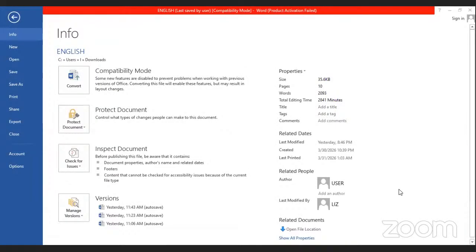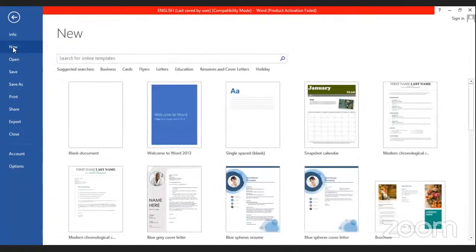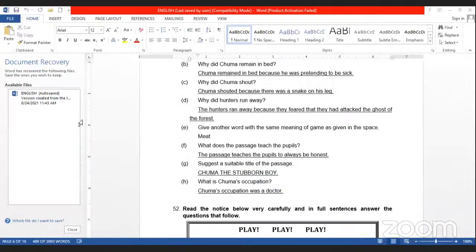Okay. Come here where there is new. Yes, there. Click here where there is blank document. It's going to come, don't mind.